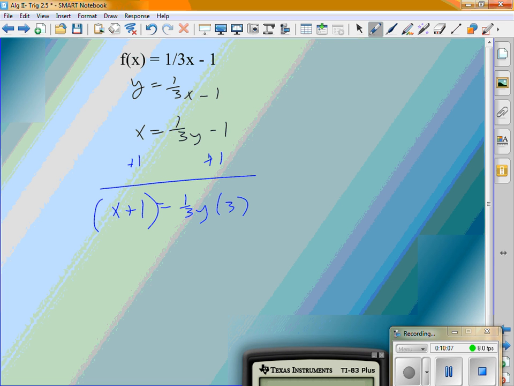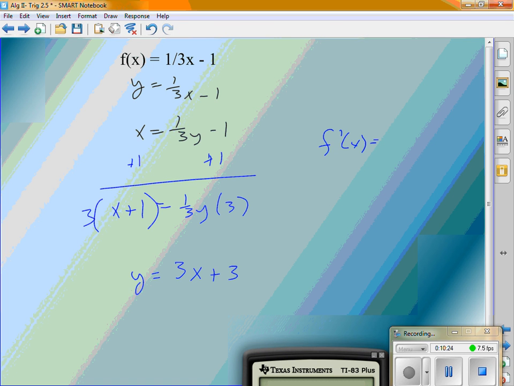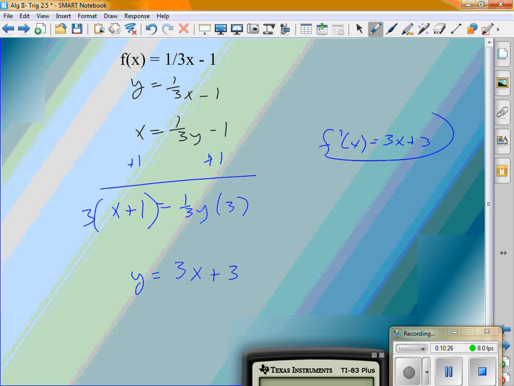Multiply everything by 3 over 1. A lot of people only did one thing by the 3. My answer when I simplify is 3x plus 3. Y equals 3x plus 3, which means the inverse function is 3x plus 3. And that is your answer.